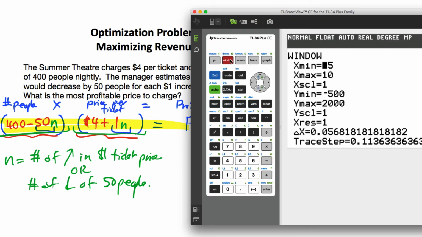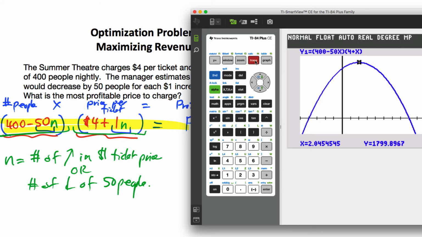There's the window dimensions I've chosen for my function, and when I graph that and trace along it, when n is 0, no increases in price from the base amount $4, I can see that my output value is a profit of $1,600.